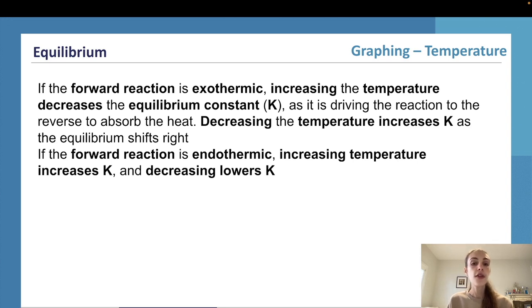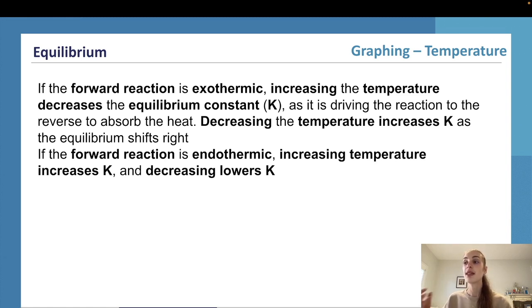And so if the forward reaction is endothermic, increasing the temperature is going to increase the equilibrium constant, and decreasing the temperature is going to lower the equilibrium constant. And so this is because basically, if we're considering an exothermic reaction, we're considering heat to be like a product.